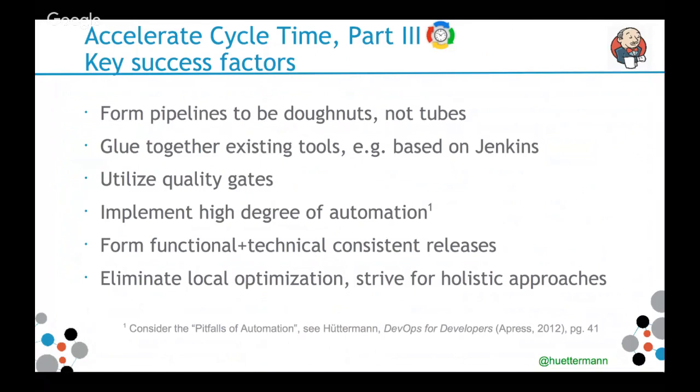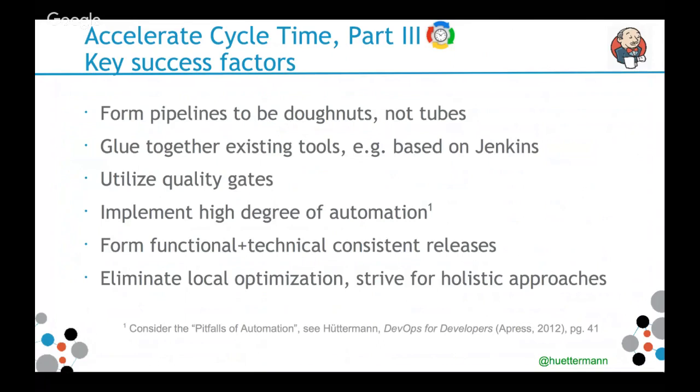So let's summarize some key aspects from my point of view. It's about forming pipelines to create some runnable value stream maps, actually, right? It's about a high degree of automation and to inject some quality gates. But you should always consider the pitfalls of automation, right? So the more the better is not always the best case. So that's a good trade-off to find.